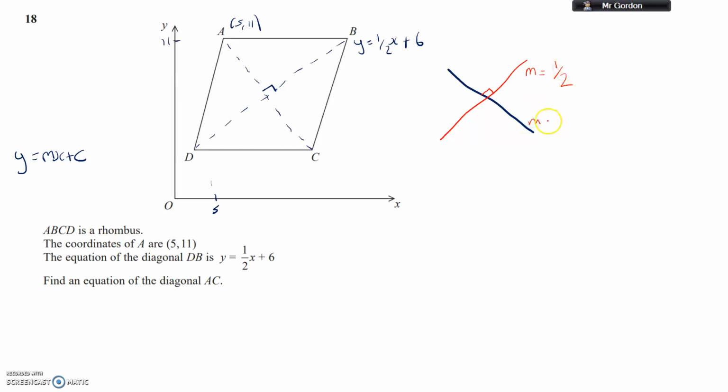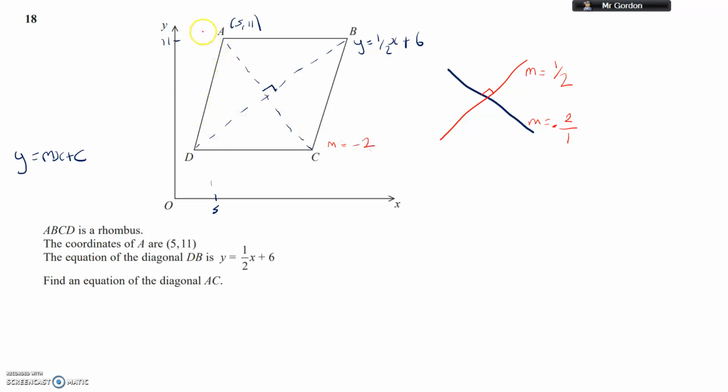A half turned upside down is 2 over 1, which is just 2. And if this is positive, this one will be negative. So our gradient for this line here is minus 2. I'll make a note of that, minus 2.